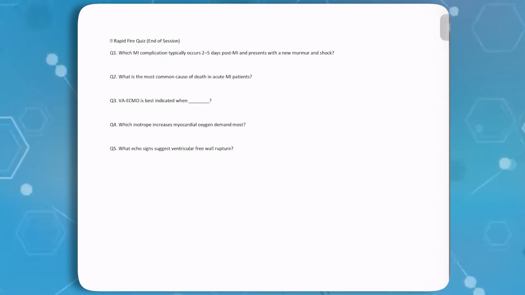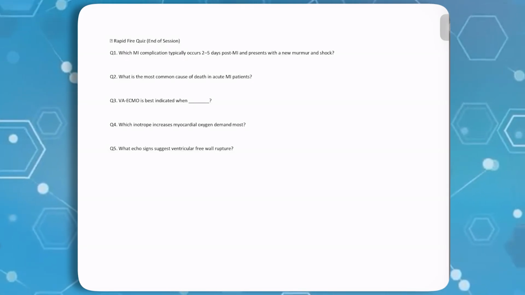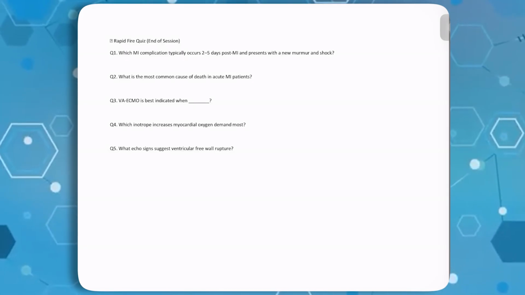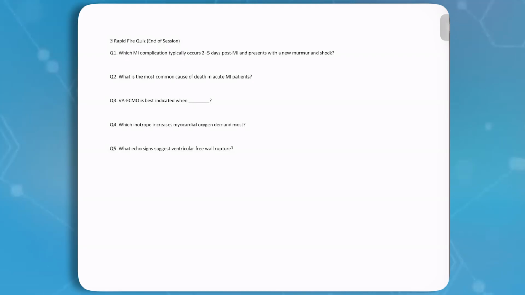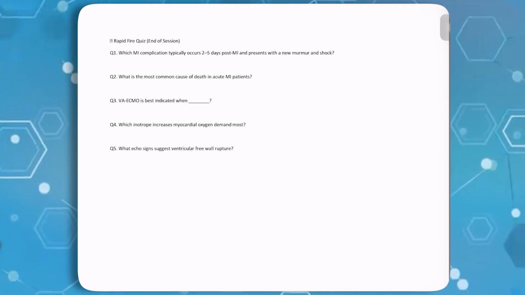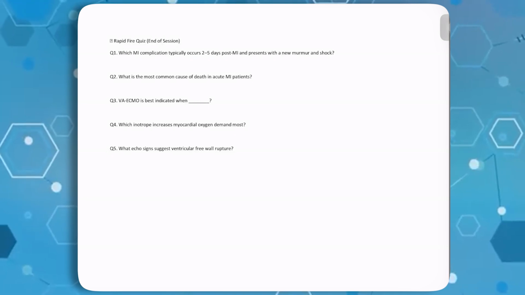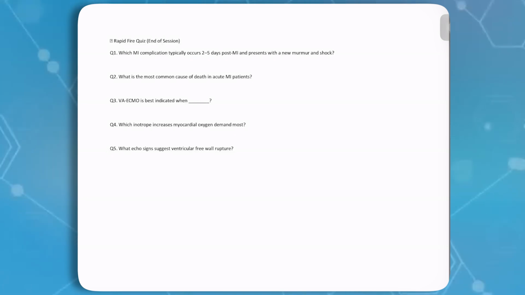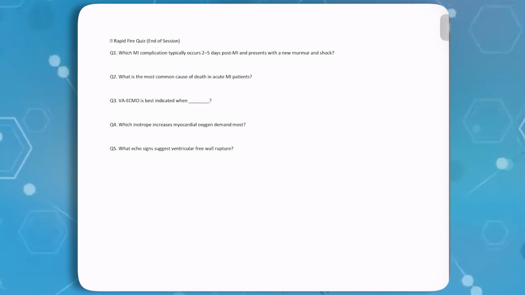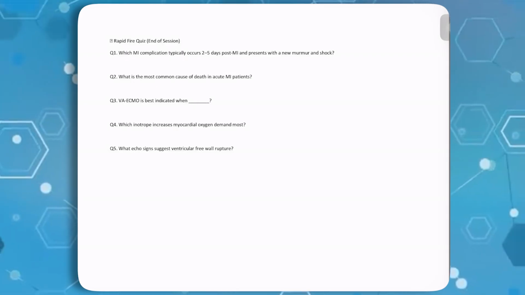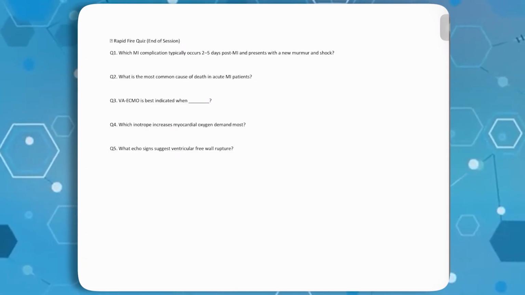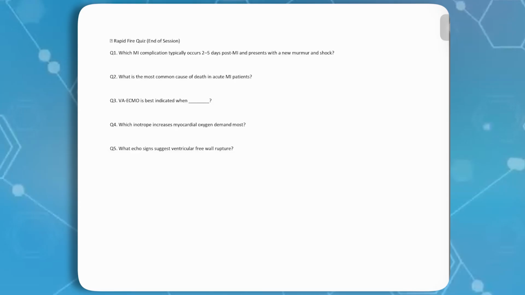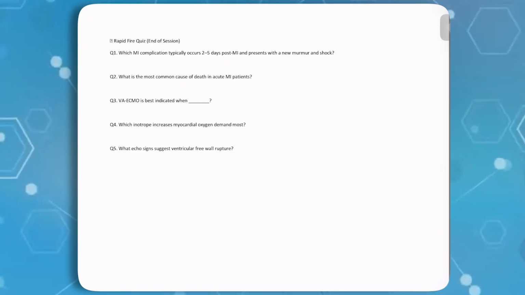A VA ECMO is best indicated when? Refractory cardiogenic shock. So when there are 2 or more inotropes and an IABP and the patient is not recovering, that is defined as refractory cardiogenic shock.